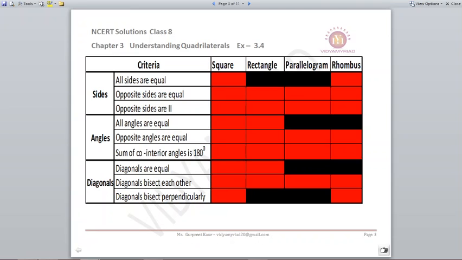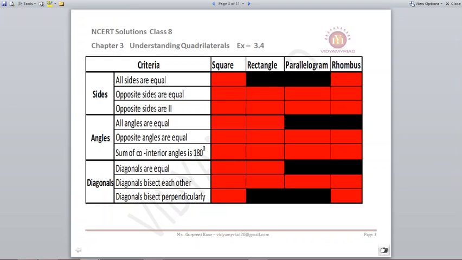Now this is based on three things: sides, angles and diagonals. If I talk about sides, you have all sides equal, or opposite sides equal, and opposite sides parallel. You have angles: all the angles are equal, only opposite angles are equal, and the sum of co-interior angles is 180 degrees. Diagonals: are the diagonals equal?